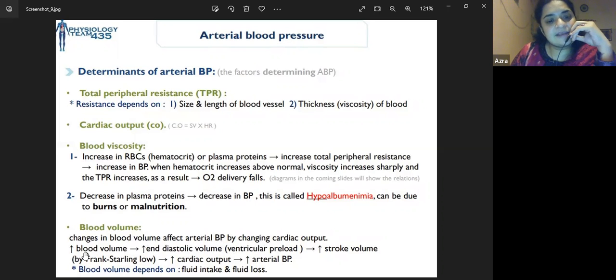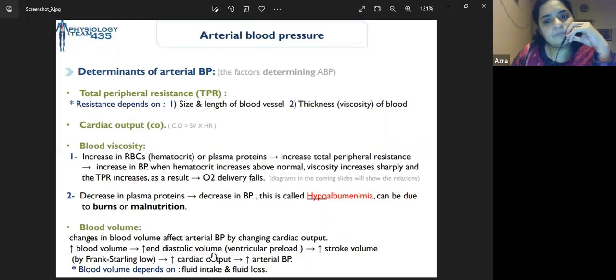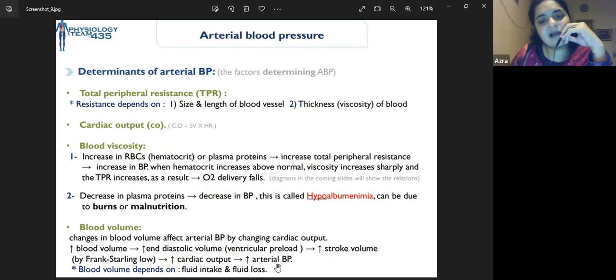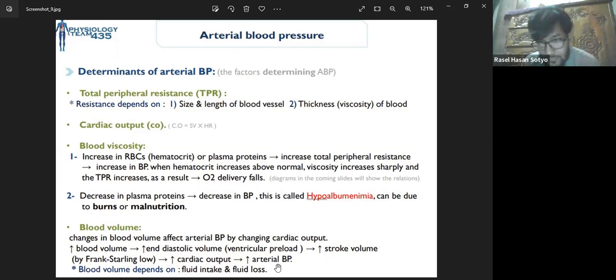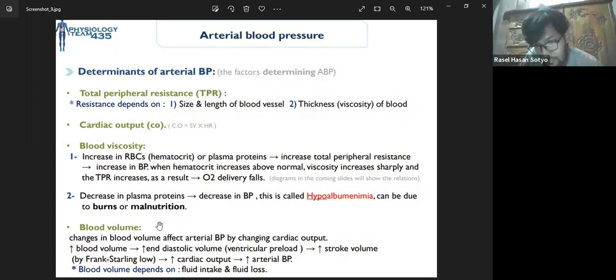Firstly, an increase in blood volume increases the end diastolic volume, then the stroke volume increases, then cardiac output increases, and then arterial BP also increases.